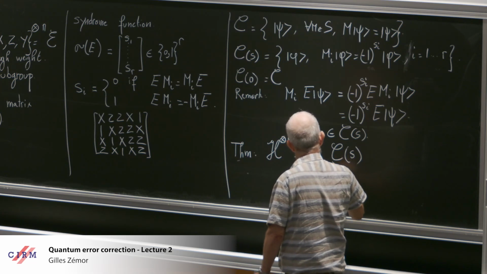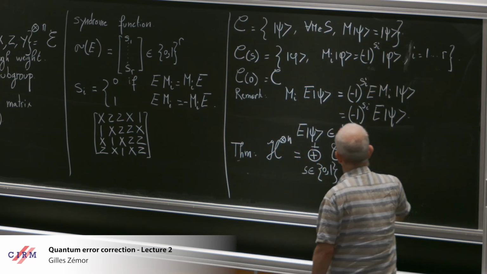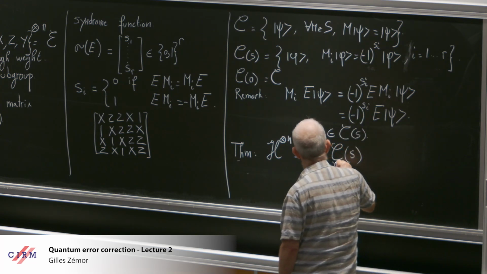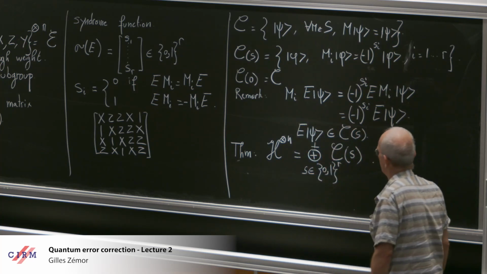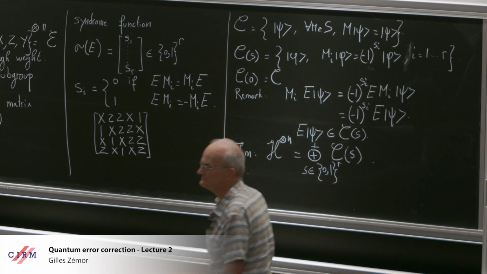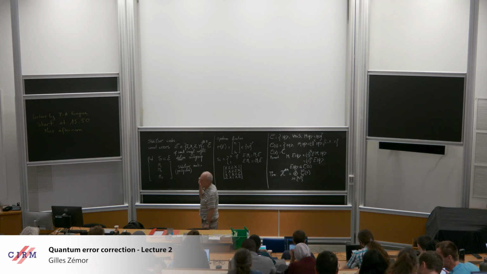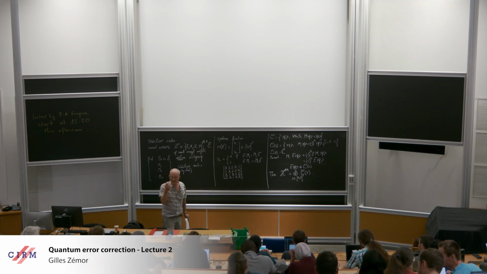For all S in the set of syndrome values, so in {0,1}^r. So what does it mean? It means that we can measure the syndrome of the error.